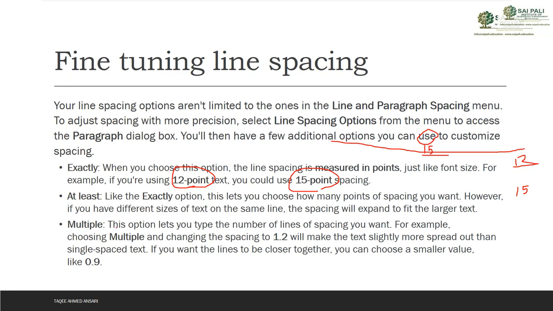Then you have the multiple option. This option lets you type the number of lines of spacing you want. For example, choosing multiple and changing the spacing to 1.2 will make the text slightly more spread out than single spaced text. If you want the lines to be closer together, you can choose a smaller value like 0.9 also.